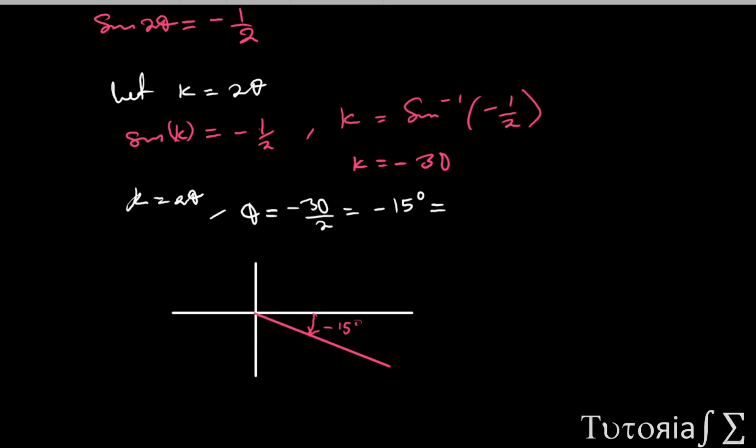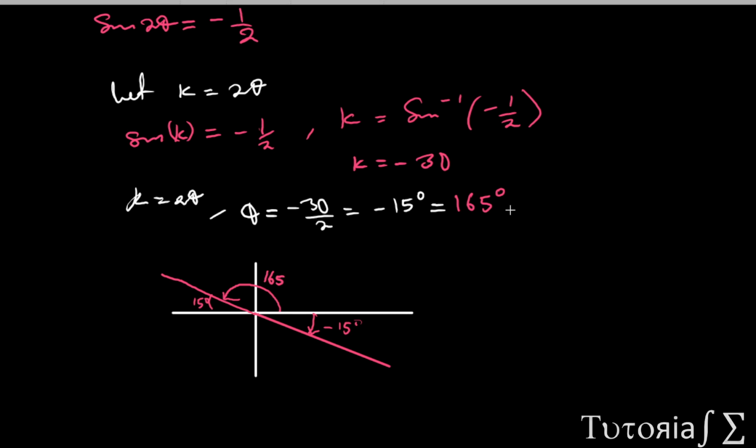Then the positive counterpart will be there. So this is also 15 degrees. So that is 180 minus 15, that is 165. So negative 15 degrees is also equal to 165 degrees. So this is the first value of theta.